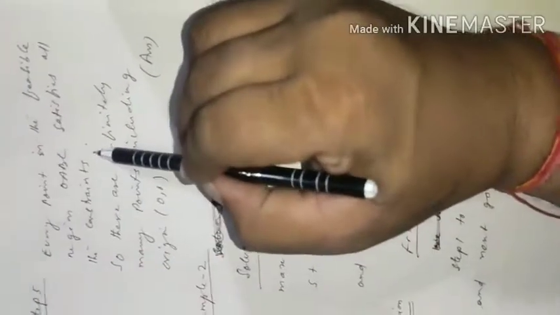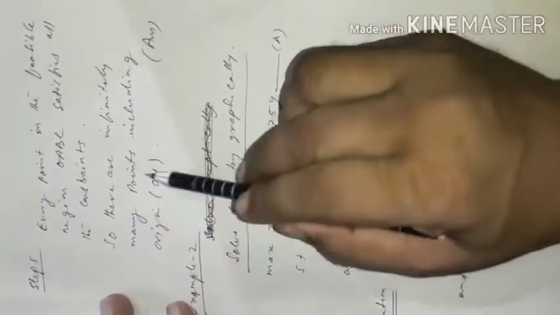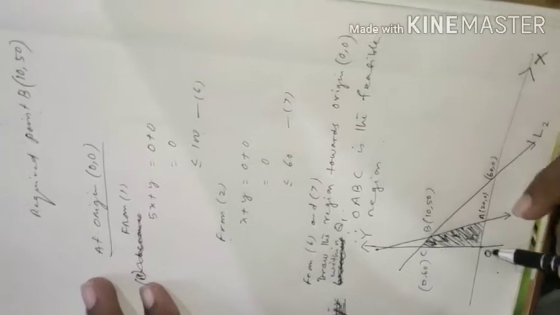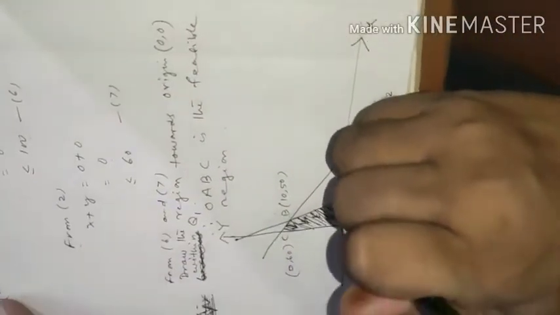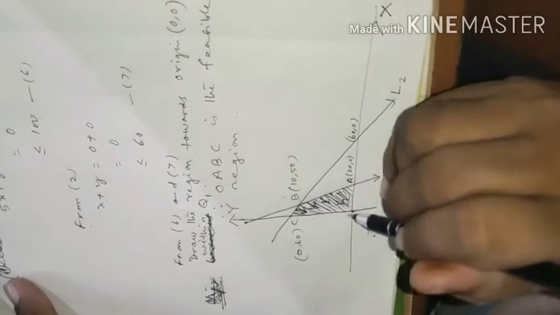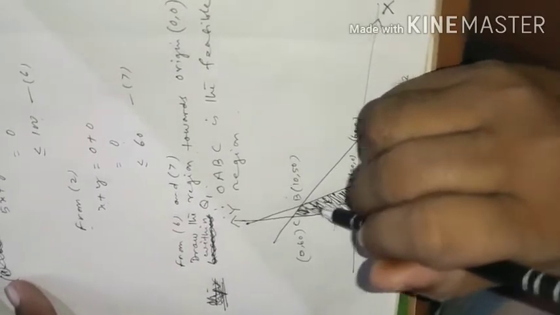Satisfying all the constraints, there are infinitely many points including the origin (0, 0). So (0, 0) is a feasible solution. Also A is a solution, B is a solution, C is a solution, and the interior points are also solutions. So there are infinitely many solutions in that feasible region.